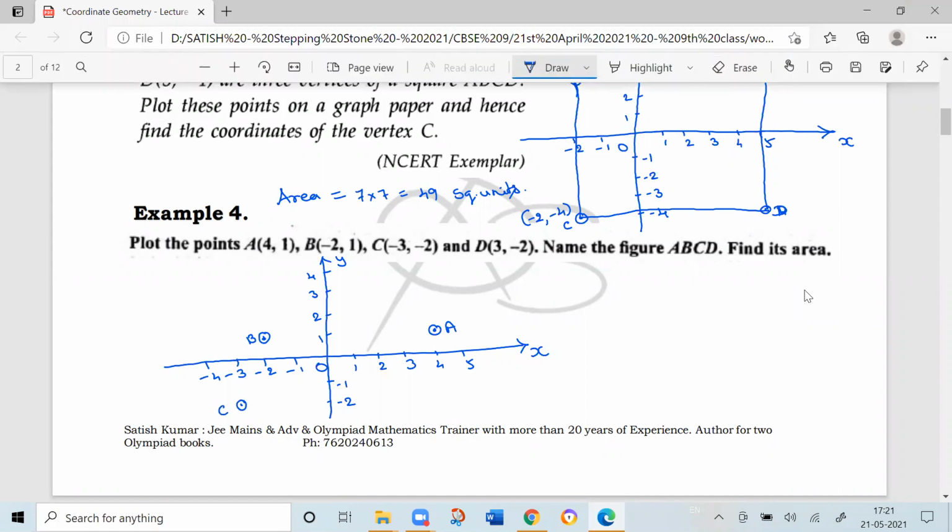So is it a quadrilateral? No specific name. It is a quadrilateral only, but it has a specific name. D is (3, -2). So you have to join. So what's the shape of this figure when you join?